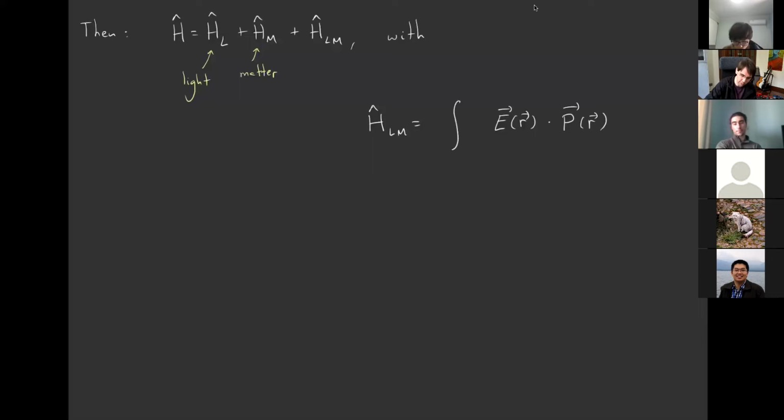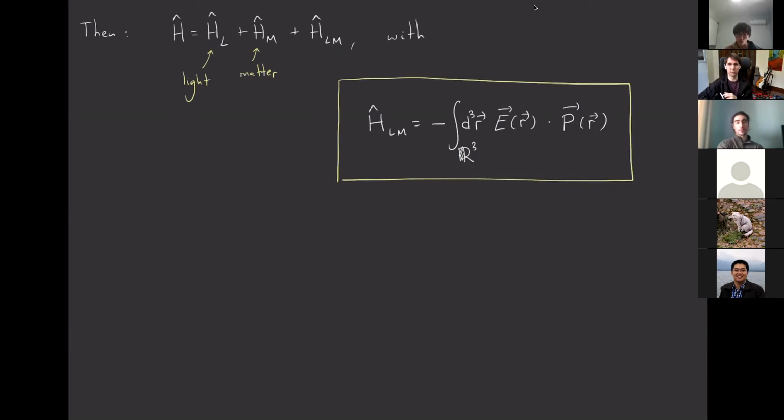Because we have a density, we have to integrate over the full volume that the material has, or let's say over the full volume where there is polarization, where there is dipole density, and then with a minus. So this is what you have seen in electrodynamics, that is the energy, electromagnetic energy provided by an electric dipole, okay? So this is light-matter interaction within the dipole approximation.